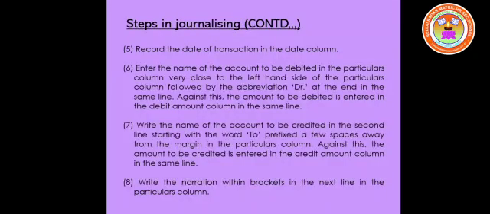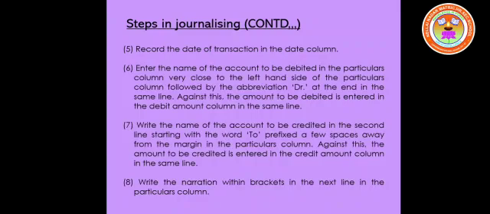Enter the date of the transaction in date column. Next, enter the name of the account to be debited in the particulars column, very close to the left hand side line, followed by the abbreviation DR, capital DR, at the end of the same row.